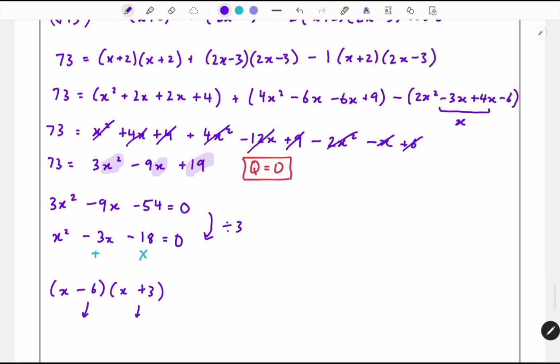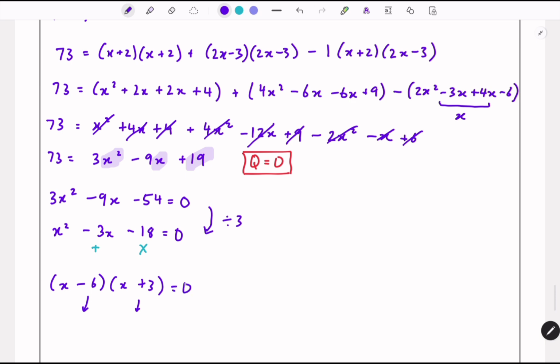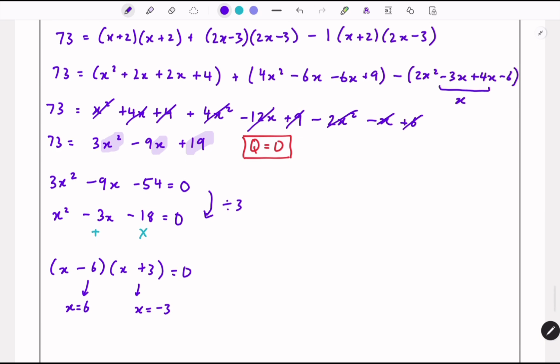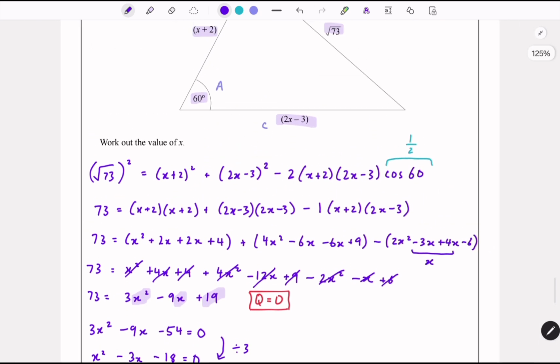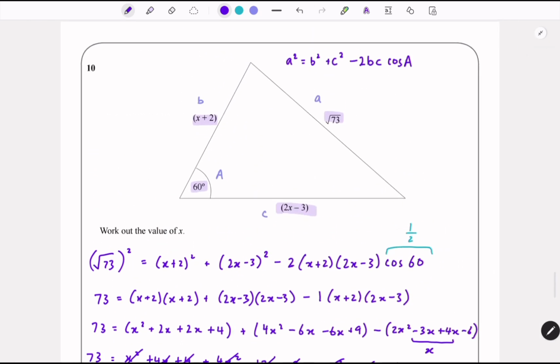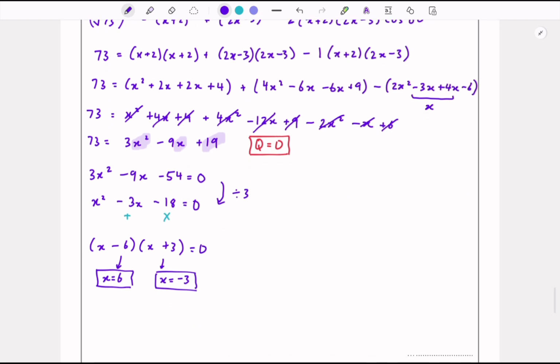So our two values of x, when it is equal to 0, are going to be the opposite sign. So x could equal 6, because 6 minus 6 is 0, or x could equal minus 3, because minus 3 plus 3 gives me 0. So they're my two x values. However, if we look back to the question, the x we're dealing with is to do with length, and length cannot be negative.